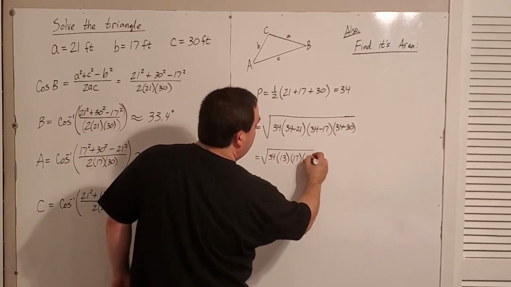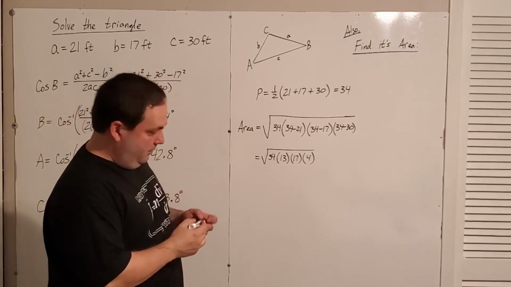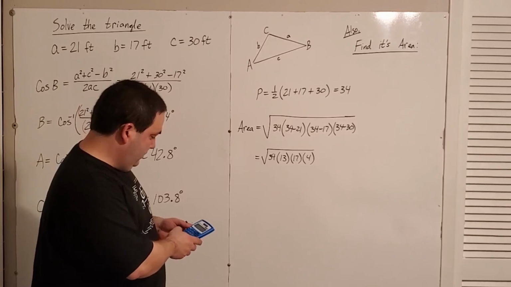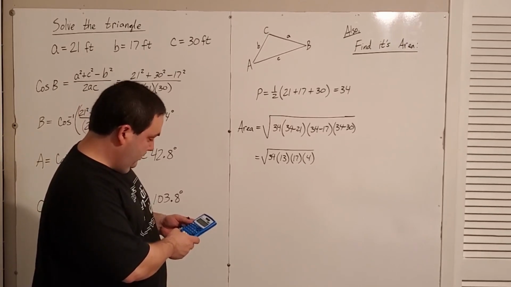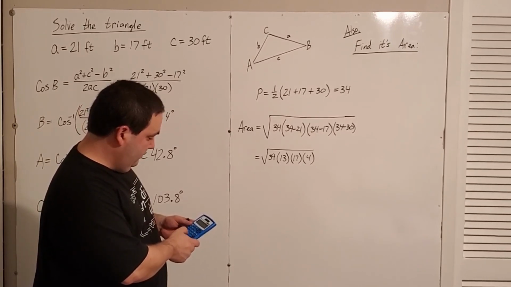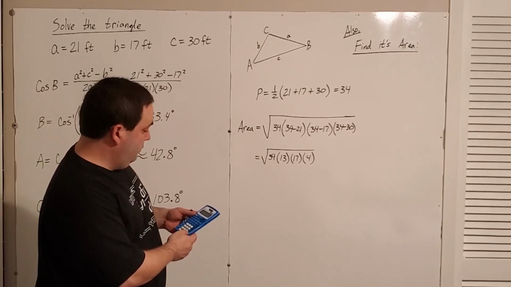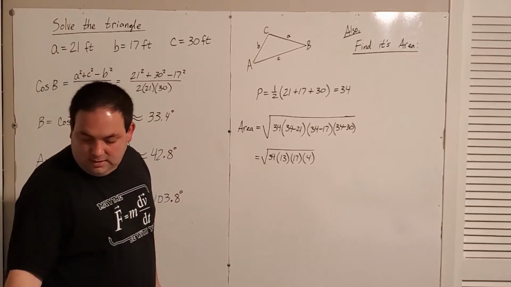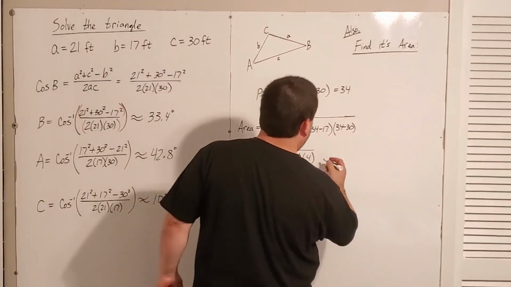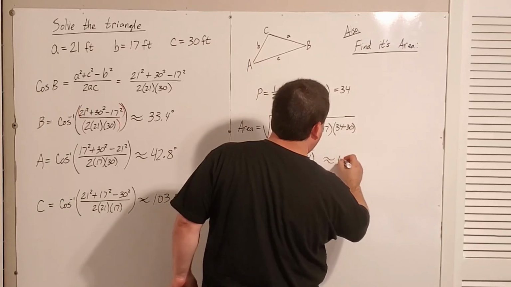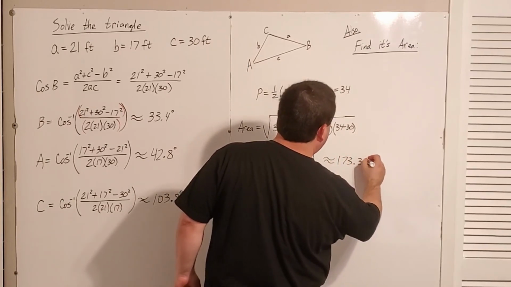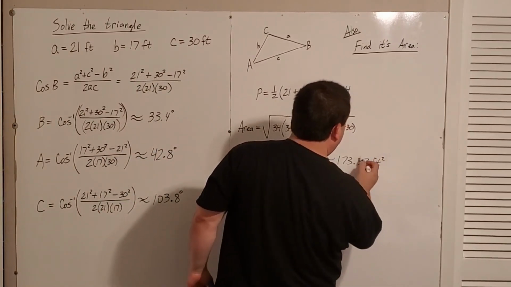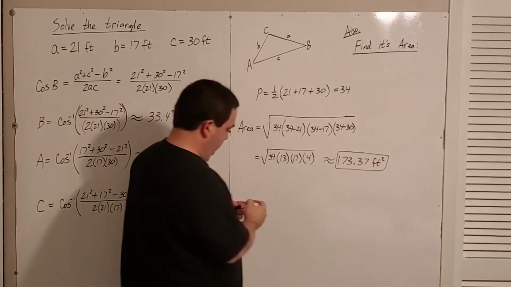And 34 minus 30 is 4. And this is something that you can punch up pretty quick in the calculator. So let's do that. Square root 34 times 13 times 17 times 4. Close your square root. And I have 173.3666. So approximately 173.37. This was in feet, so this will be in square feet. Okay.